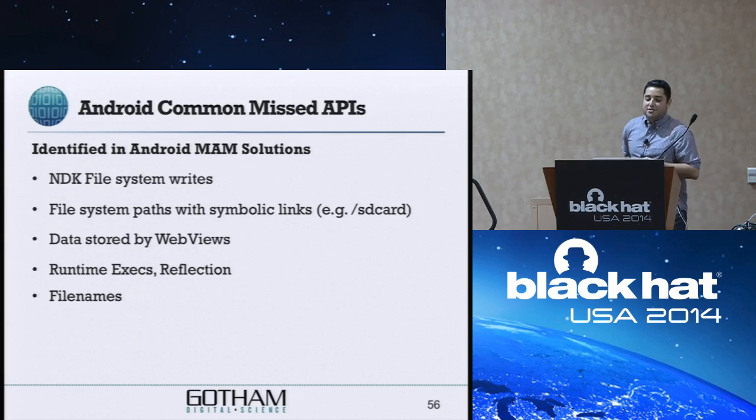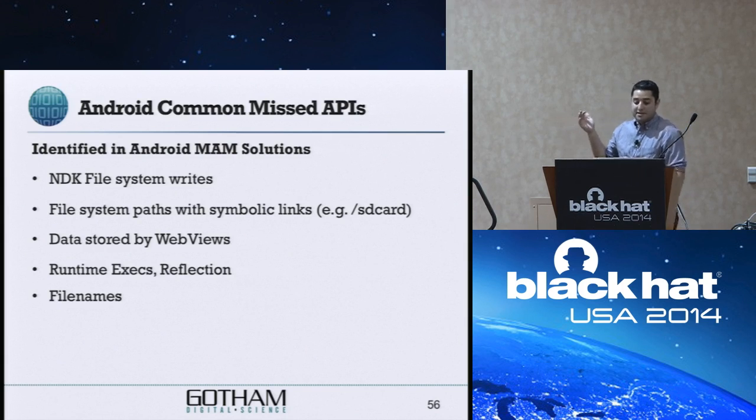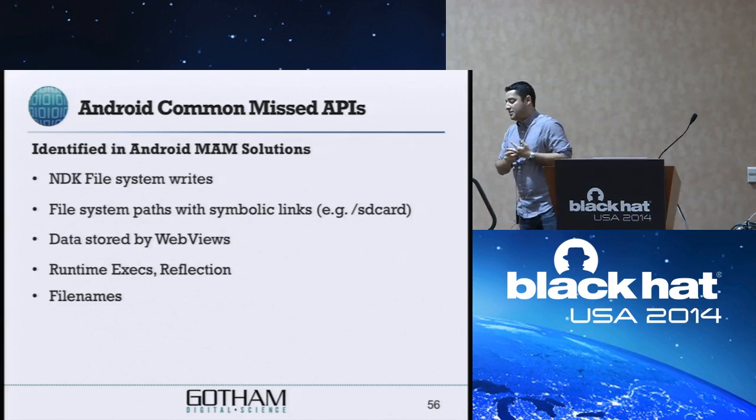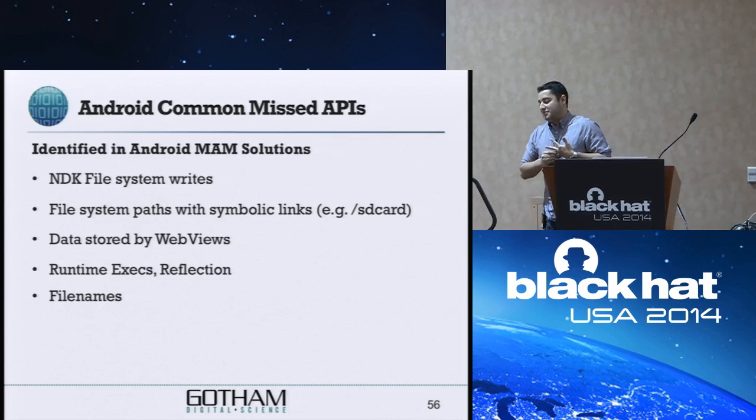How about Android? Some stuff we saw was that the file system NDK was never wrapped. An interesting bug that we ran into was with symbolic links. They had some logic where, depending on the symbolic link, it'll decide to encrypt it or not.